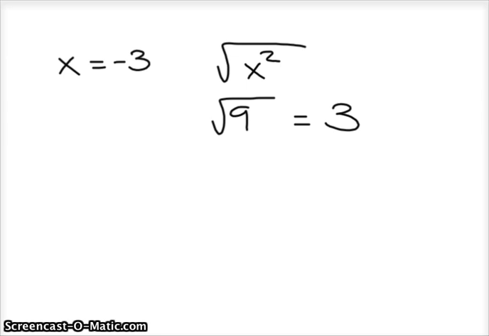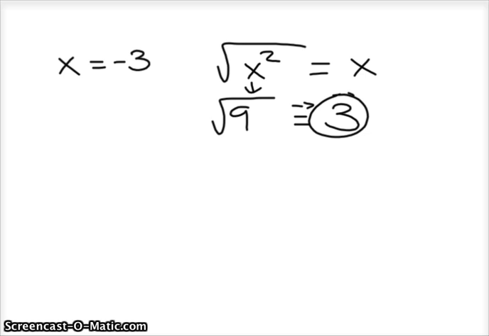So if we took the square root of x squared, without knowing what the value is, we would say this is just x. But notice, our original x was negative 3, and if we actually put negative 3 in for x, our result down here is 3. And so we need to somehow account for that.